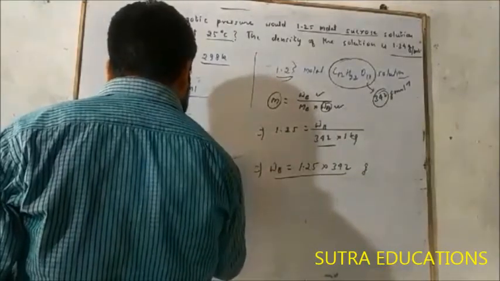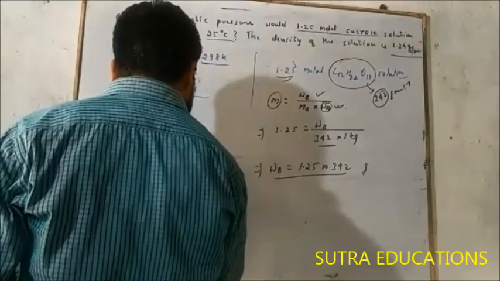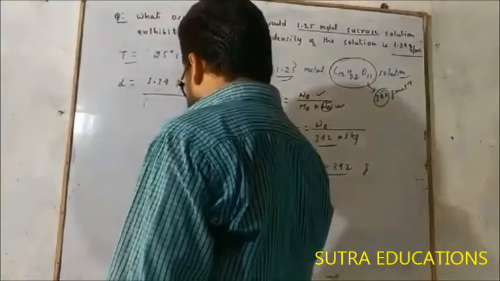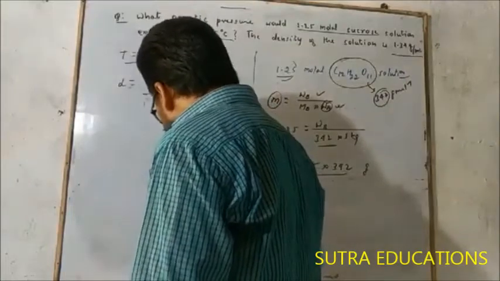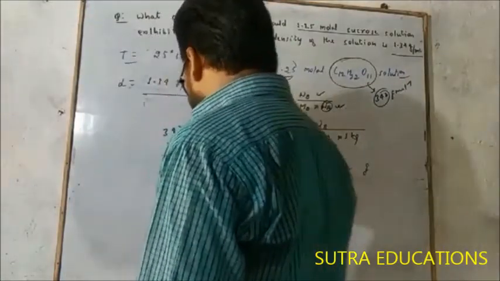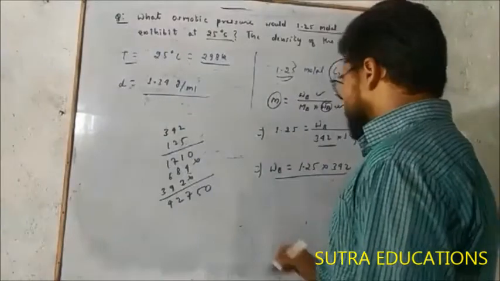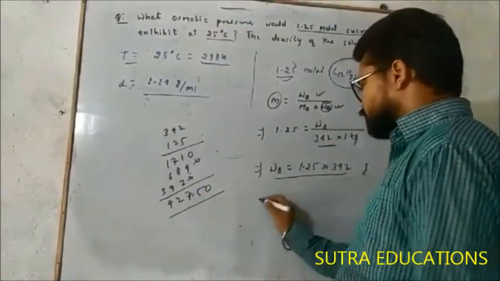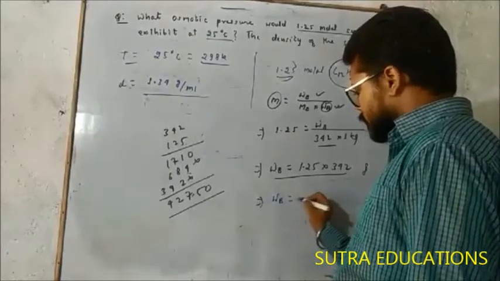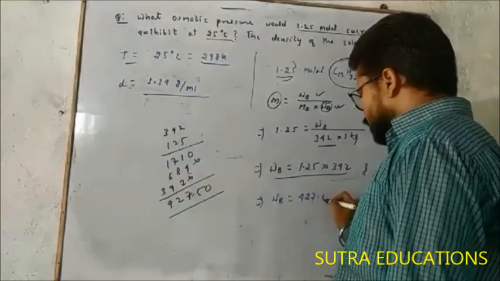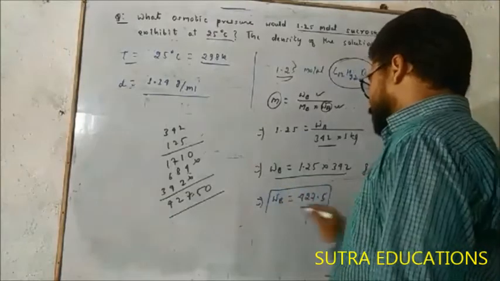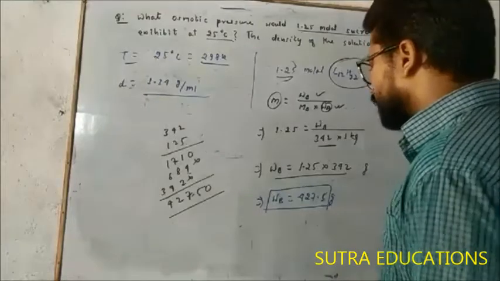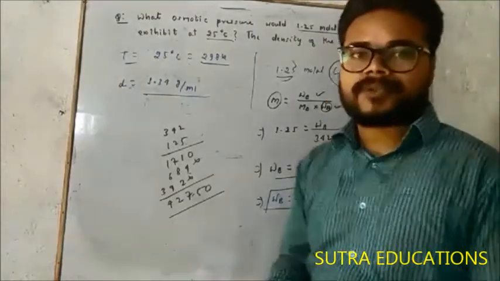It will give you 427.5. So WB is equal to 427.5 gram. Okay, so we have calculated mass of solute.